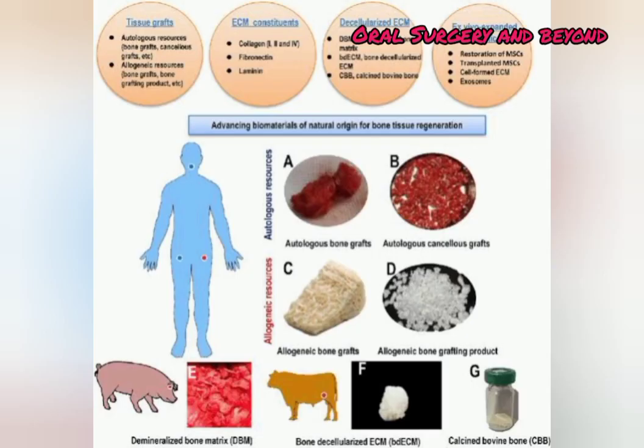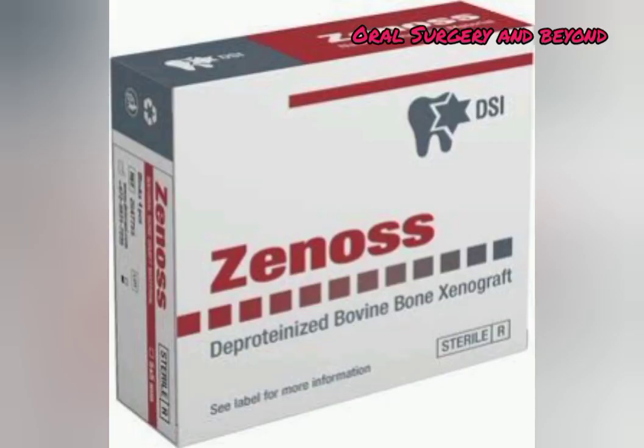Next, these are the types of xenograft. Xenograft is taken from species other than human, like the pig or from bovine origin. Here, we can see different kinds of bone graft in the same picture. In the image, A and B are the autologous bone graft, and below there is a xenograft.